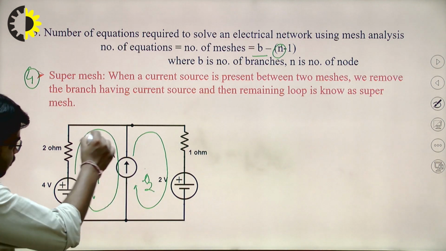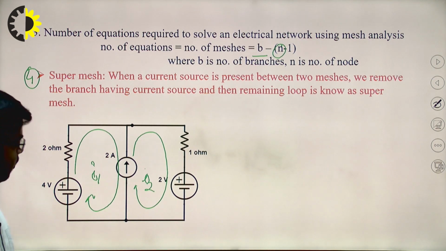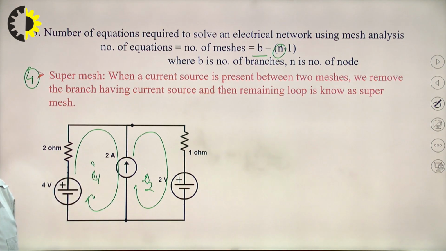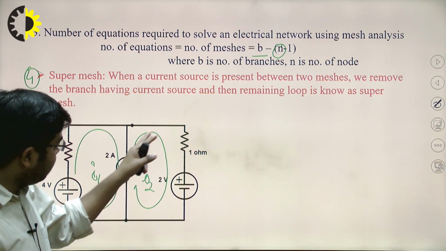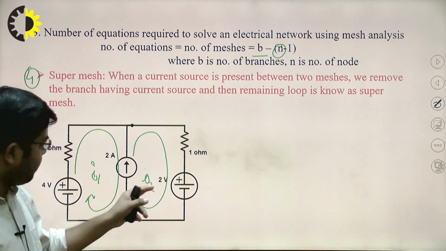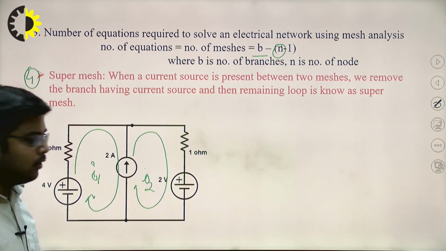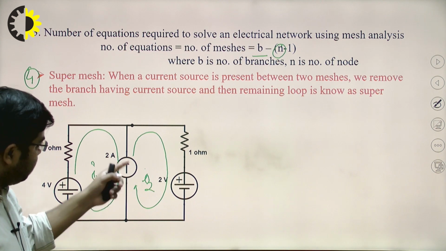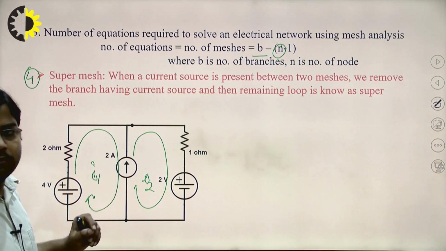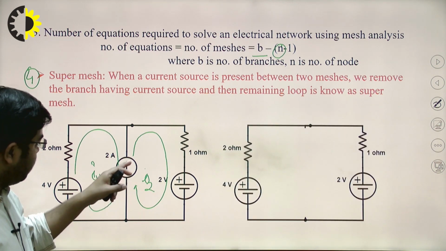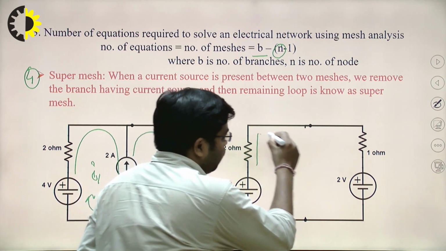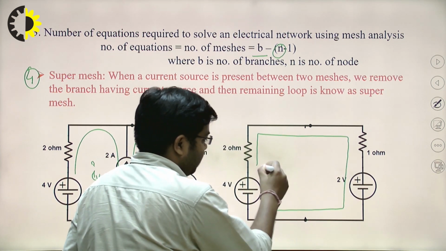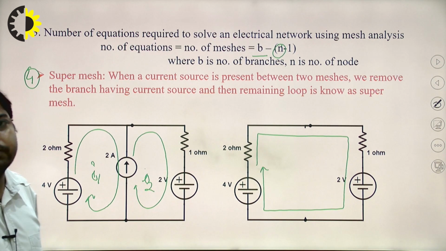So in this mesh you cannot apply the KVL because the voltage drop across this current source is not known. Similarly, you cannot apply the KVL in this mesh, or you can say loop. So in that case you can remove this current source. After removing this current source, this is the remaining loop. So this will be a super mesh.